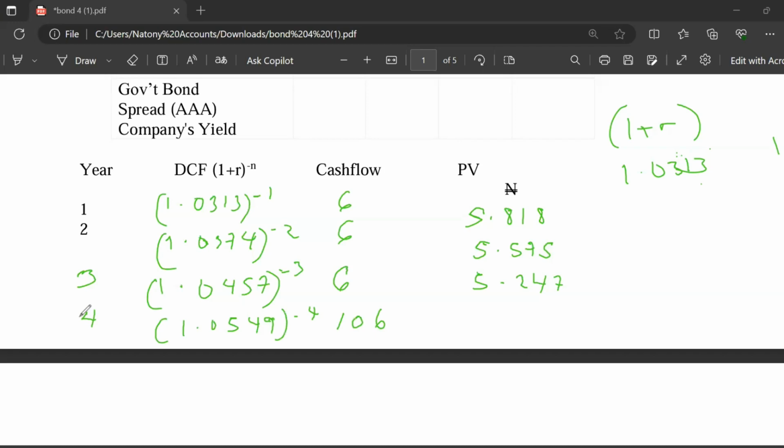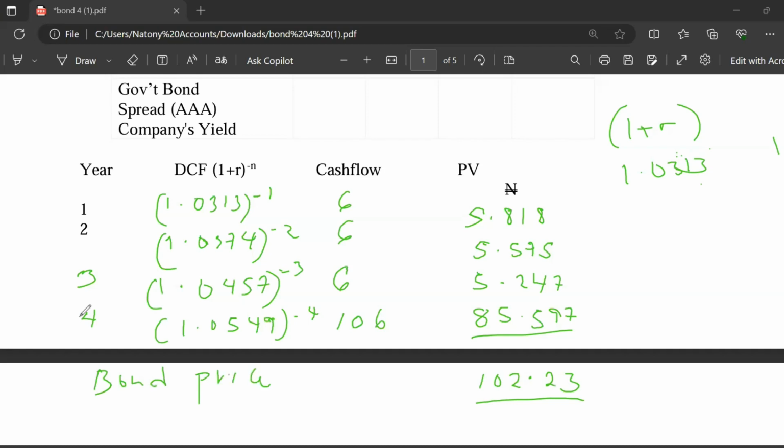When multiplied, that gives 85.597. What will be the value of the bond? When added, this gives 102.23.